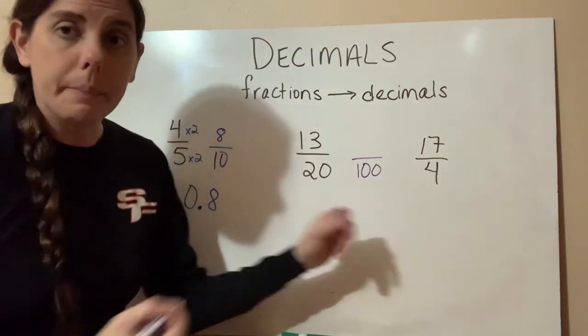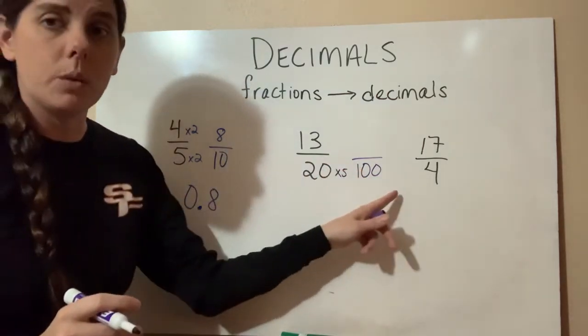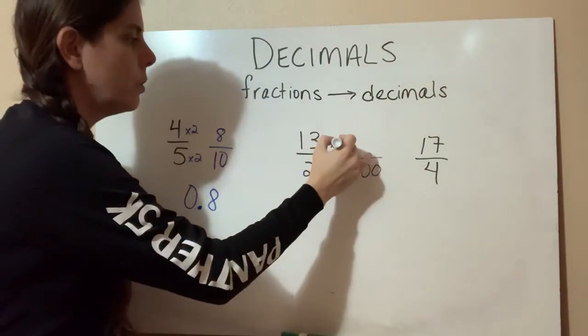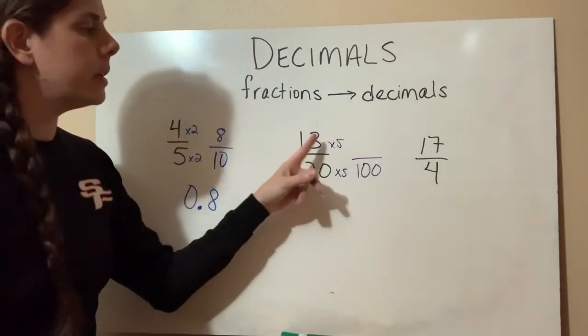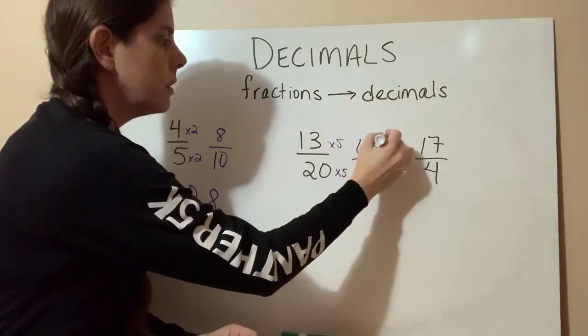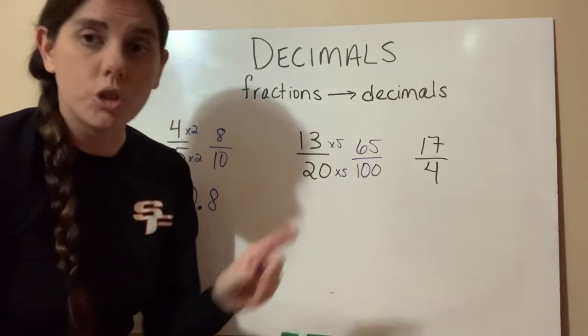We multiplied by 5. So 20 times 5 equals 100. Whatever we do to the bottom, we do to the top, and 13 times 5 equals 65. So now we have 65 hundredths.